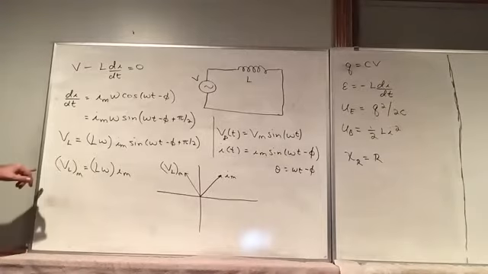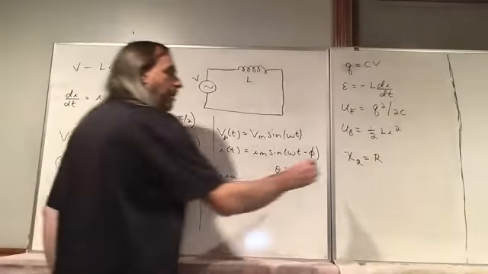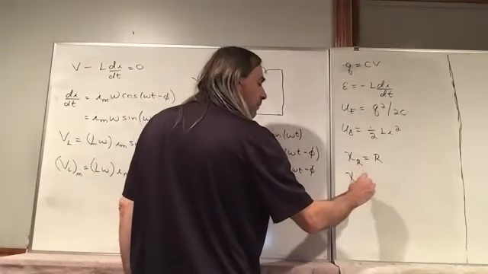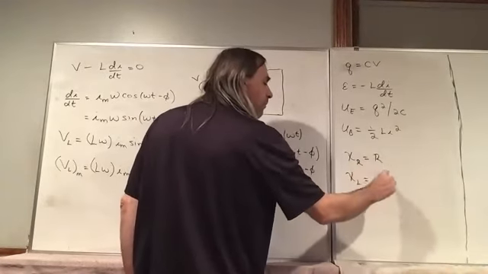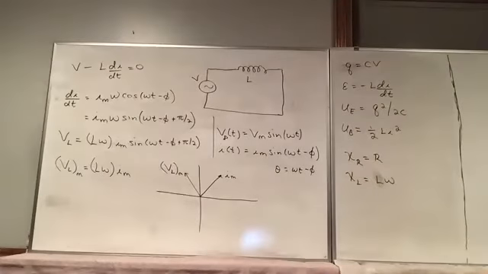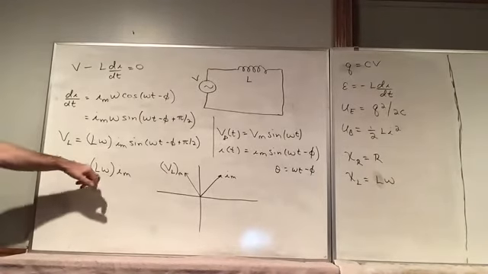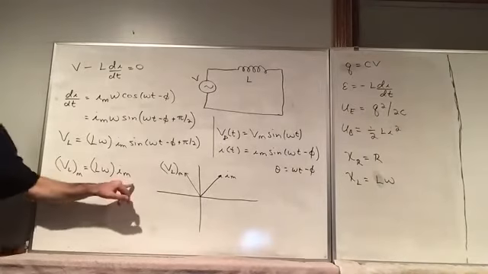And so we're going to define, I'll write it over here, the inductive reactance. So it's chi L. Again, that's a Greek letter. So for an inductor, now we kind of have this Ohm's law type thing.